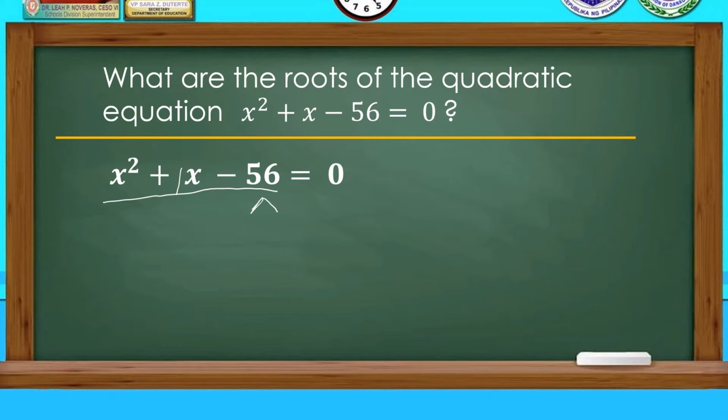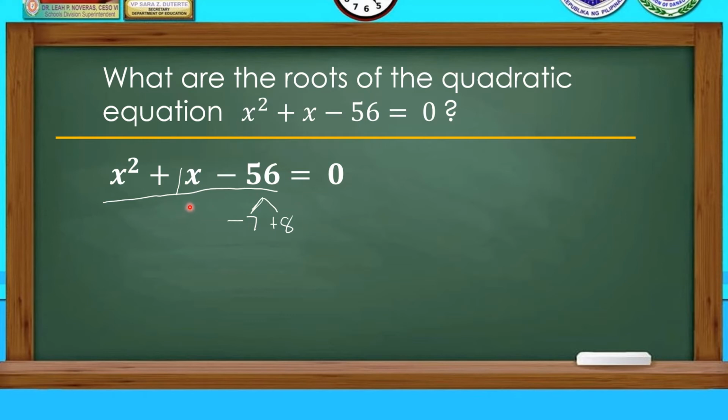The two factors here are unlike signs because the product is negative 56. So what are the two factors of negative 56? Negative 7 and positive 8. Always remember, whatever the sign of the linear coefficient, the factor with the greater number will take the sign of the linear coefficient.